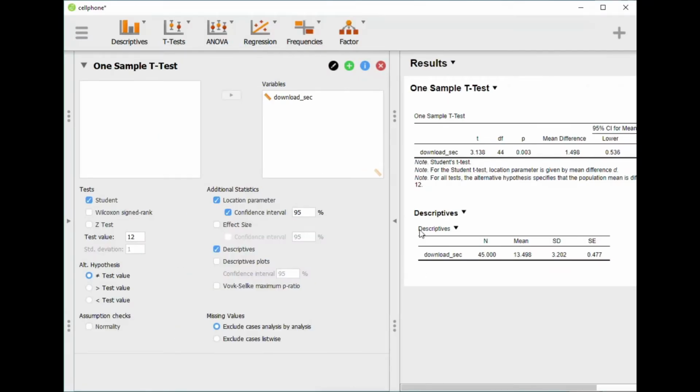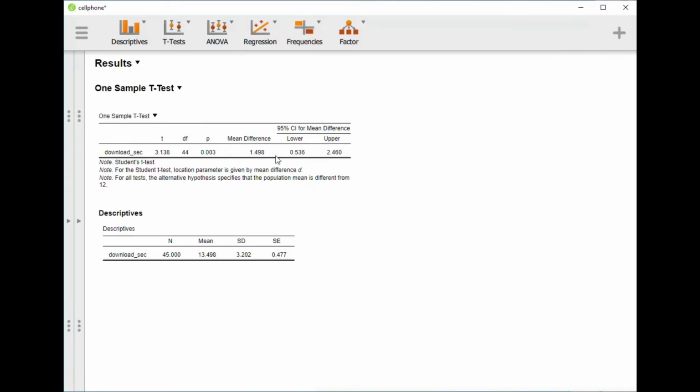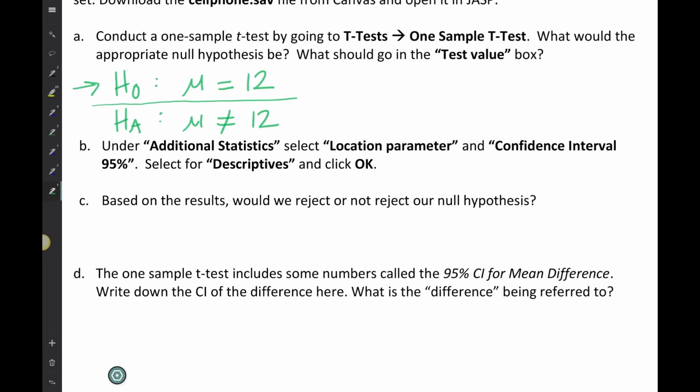So looking back at our result, we want to look at our p-value here. The p-value is what's going to tell us whether we reject or don't reject our null hypothesis. So as a reminder, if our p-value is less than 0.05, this is the case where we reject.